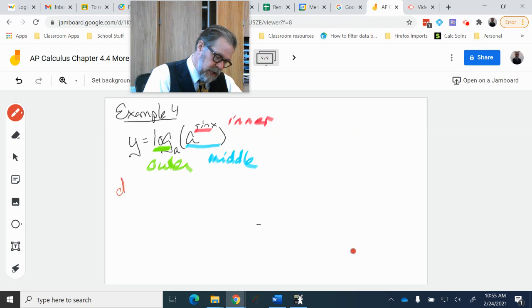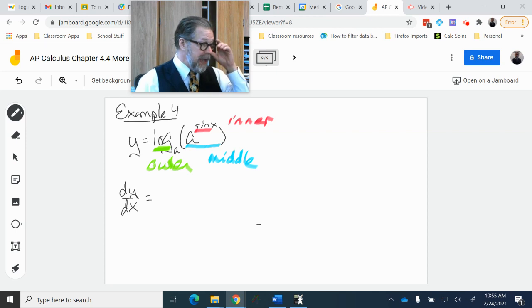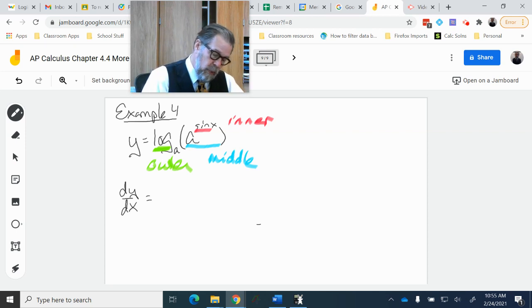So let's take the, whoops, still in red, want to be in black. There we go. The derivative of y with respect to x equals, first of all, the outer function. We have log base a of u, log base a of some function.